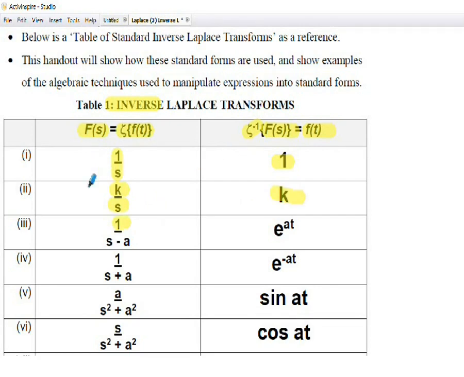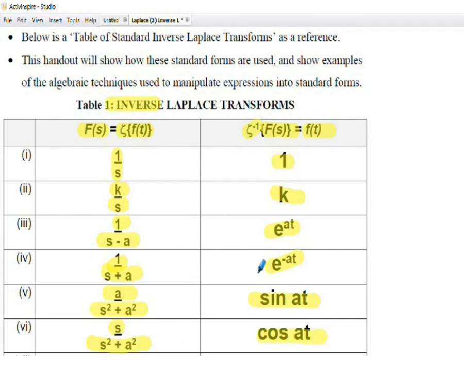If it's 1 upon s minus a, that goes to an exponential function e to the at in the time domain. 1 upon s plus a goes to e to the minus at in the time domain. The Laplace transform of a over s squared plus a squared goes to sine at in the time domain, and s over s squared plus a squared goes to cos at in the time domain.